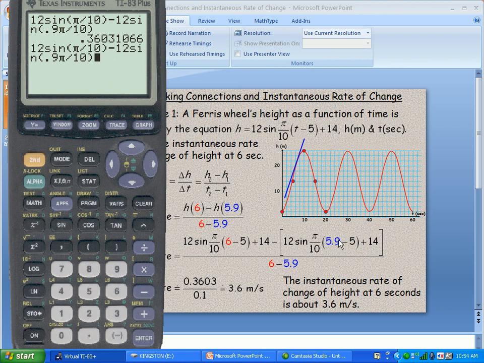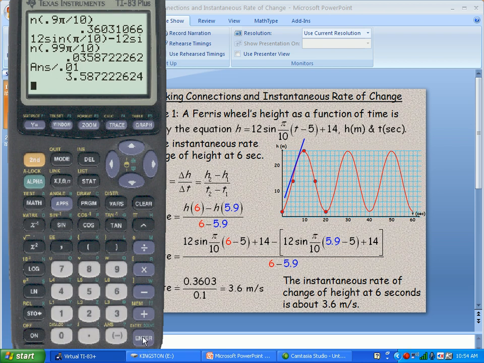So if I insert another 9 here, then in the numerator, I'll get 0.03587, etc. Now we'd have 6 minus 5.99, so the change in time in the bottom would be 1/100th of a second, 0.01 second. So if we divide that by 0.01, we still get an answer pretty close to what we got. 3.587, 3.6, they still round to a tenth to 3.6, so that is still a pretty good approximation.